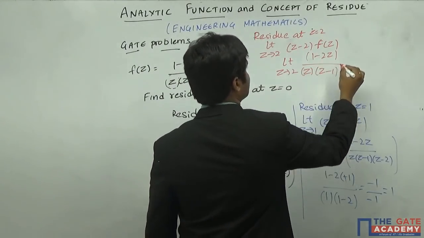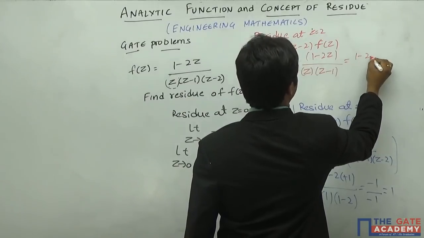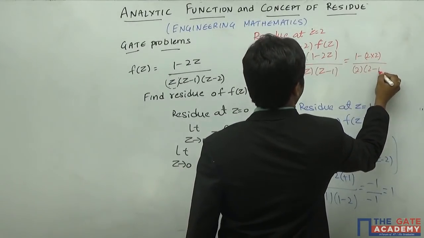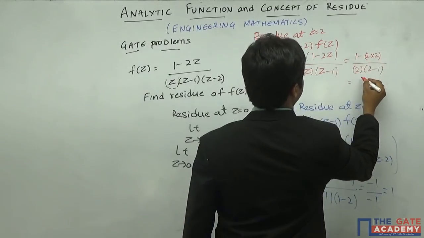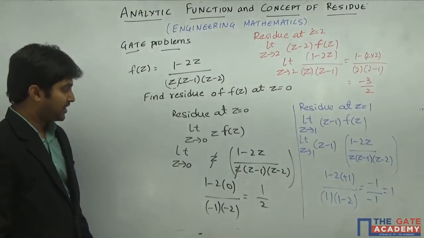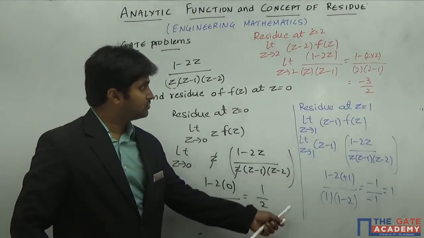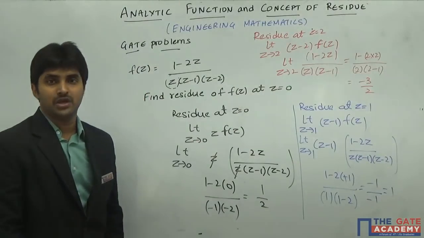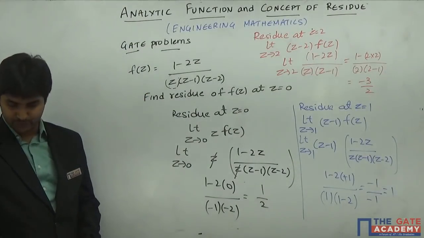If you put the value of 2, you will have 1 minus 2 into 2 divided by 2 into 2 minus 1. So it is going to be minus 3 divided by 2. So the residue at z is equal to 0 is 1 by 2, residue at z is equal to 1 is 1, residue at z is equal to 2 is minus 3 by 2.